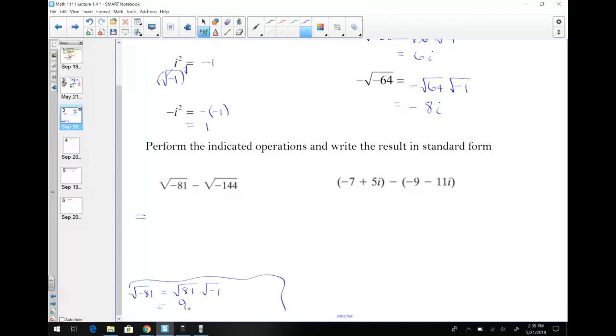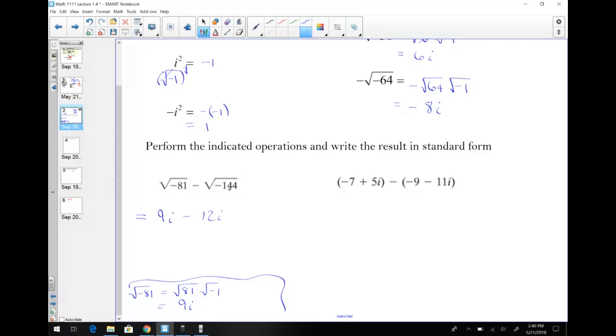So square root 81 is 9, and then we have i with it. Okay, so we have 9i, and then minus the square root of -144, which is actually 12.